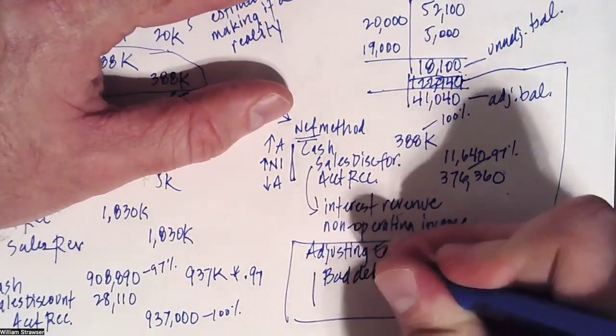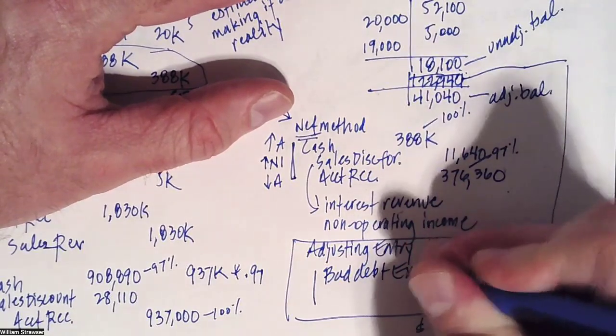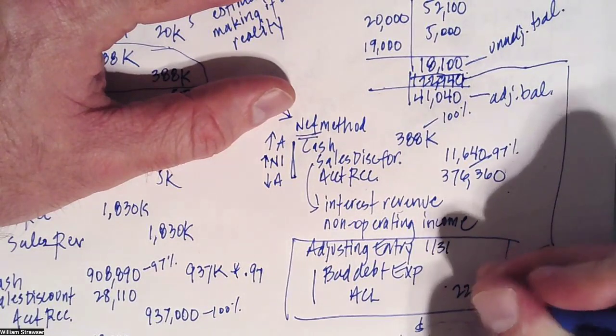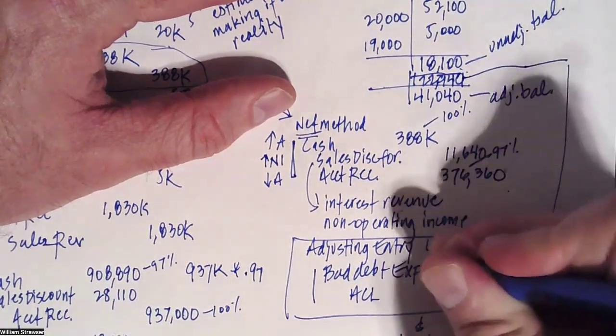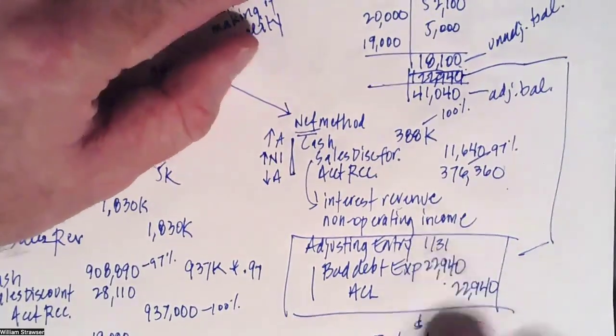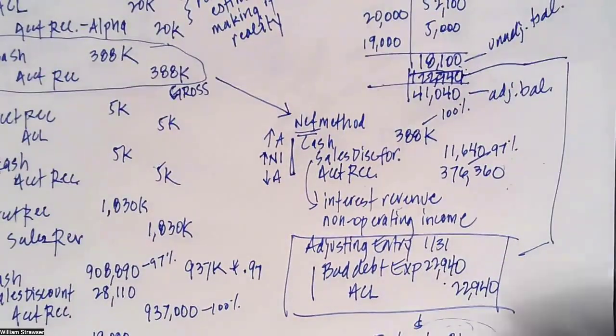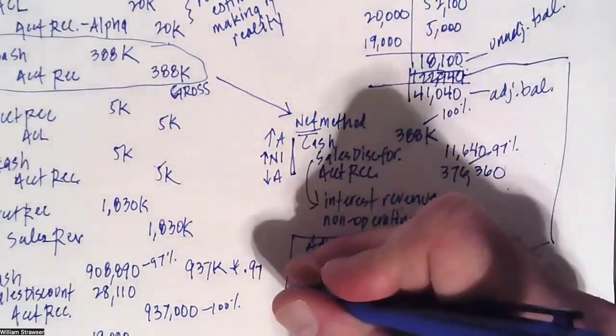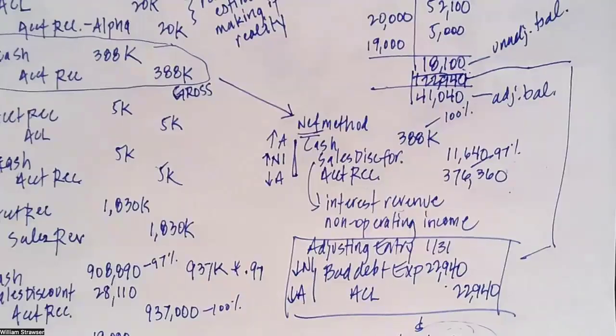Bad debt expense for the amount that I had to credit, and then credit the ACL by that amount. All right. So that's the adjusting entry for bad debt expense. Of course, the bad debt expense itself reduces net income, and the credit to ACL reduces assets.